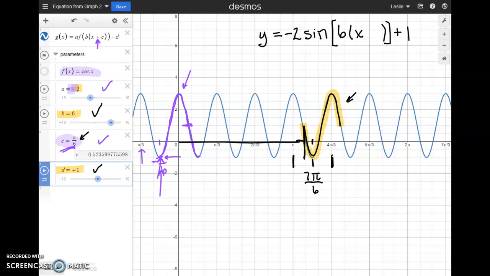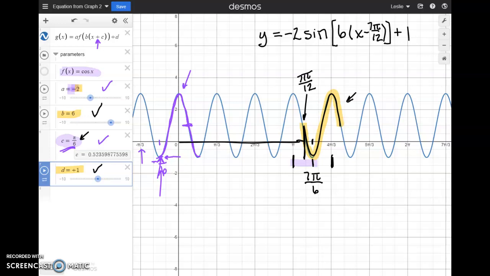And halfway between pi and 7 pi over 6 is 7 pi over 12. So I'm starting at 7 pi over 12, and x minus 7 pi over 12. And this equation gives me the same graph as we had earlier and as we are given the parameters for now that we can see them.